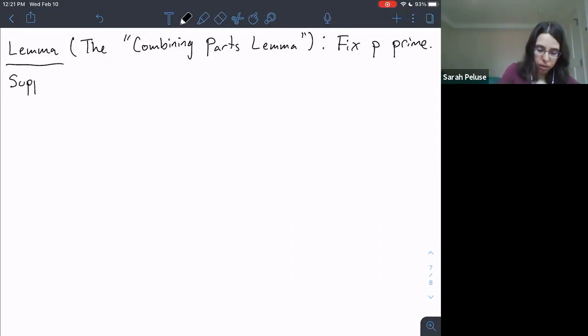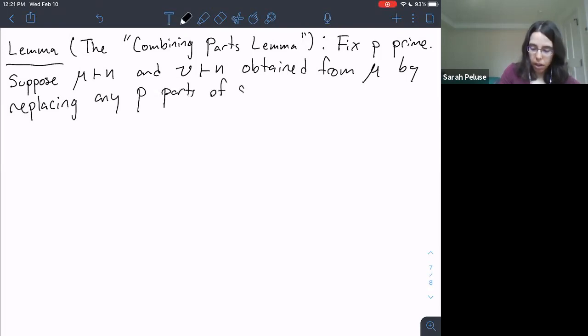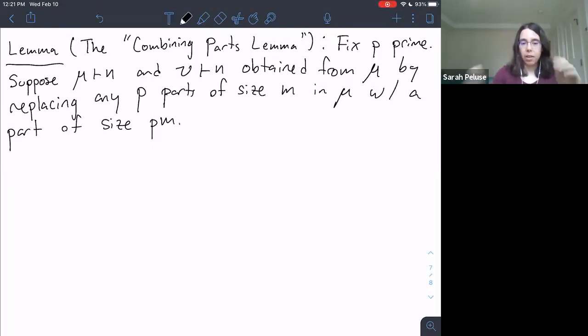Now suppose that mu is a partition of n, and that nu is another partition of n that's obtained from our first partition mu by replacing any p parts of the same size m in mu with one part of size p times m. So we've combined these p parts together into one big part.